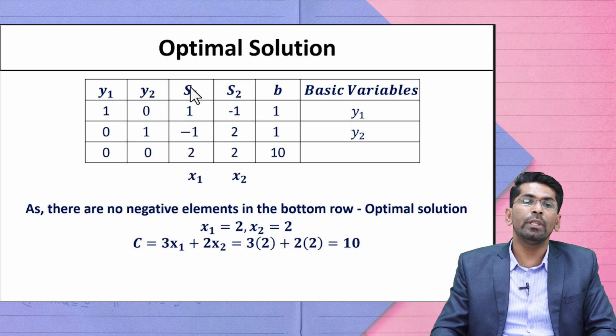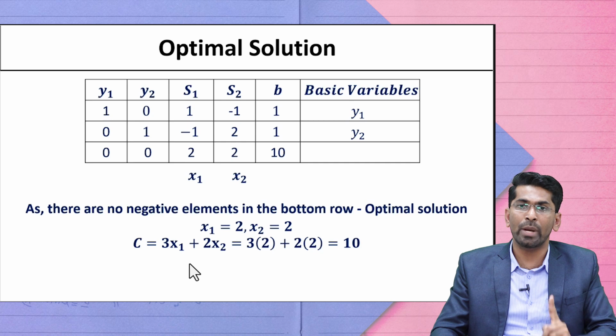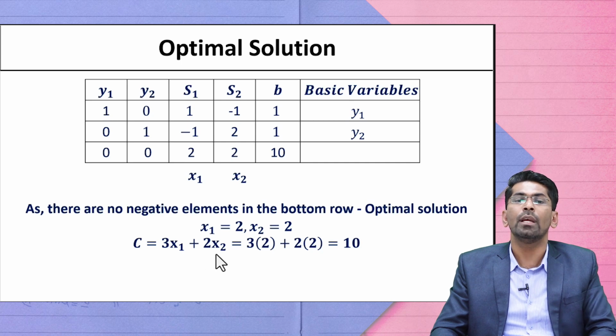Corresponding to s1 and s2, we have x1 and x2. Our objective function, the original primal problem, was C equal to 3x1 plus 2x2.